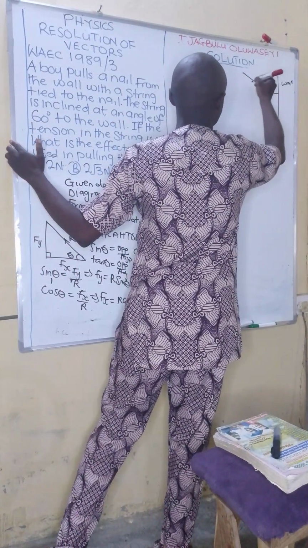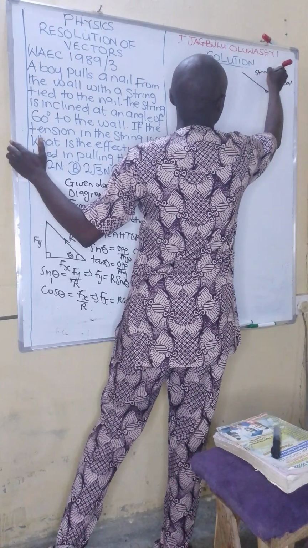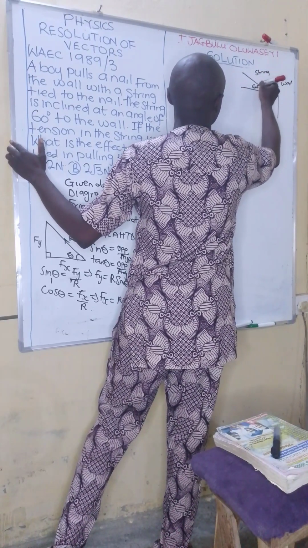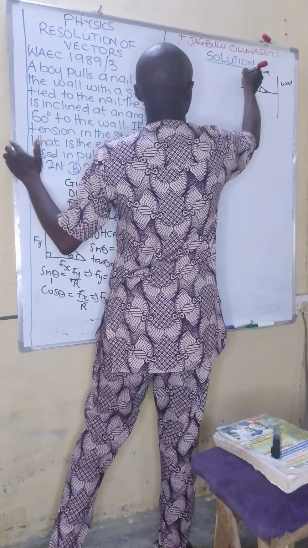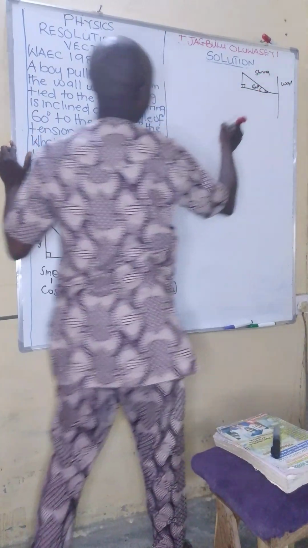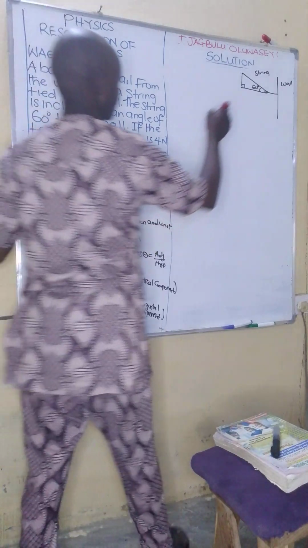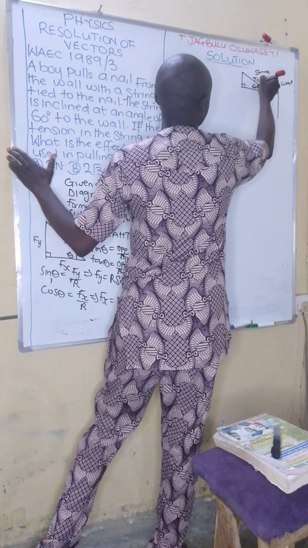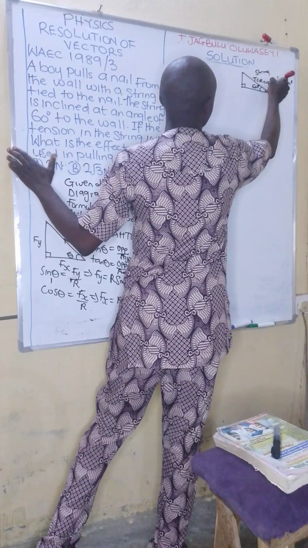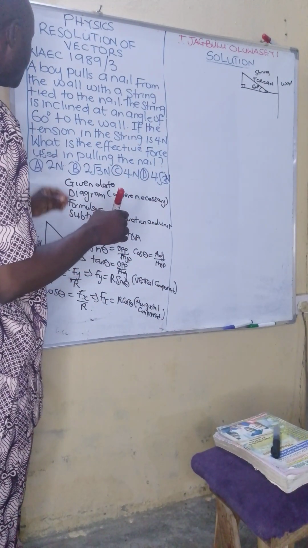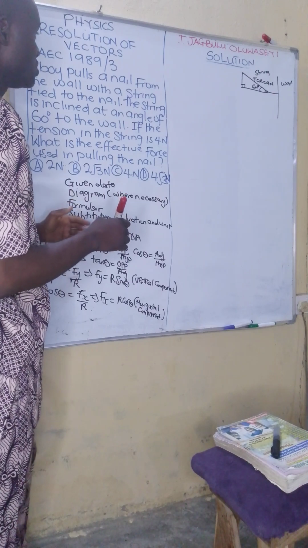Here is the string. This one represents the string at an angle of 60 degrees to the wall. So this represents our right angle triangle. So if the tension in the string is 4 Newton, here T, which is the R, is equal to 4 Newton. Now, what is the effective force used in pulling the nail?